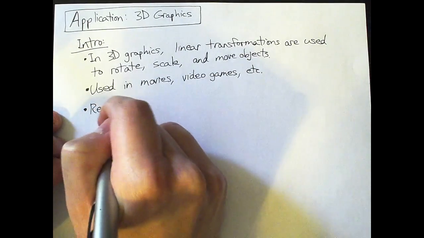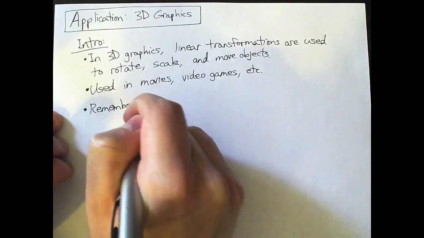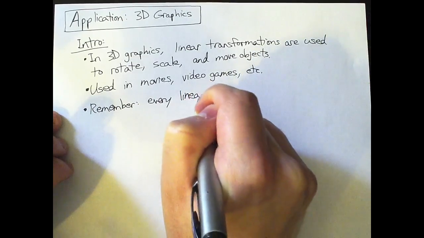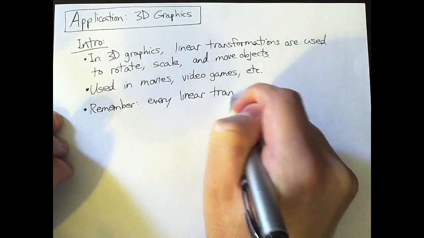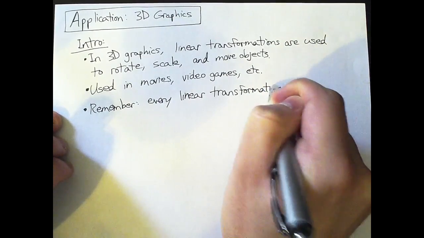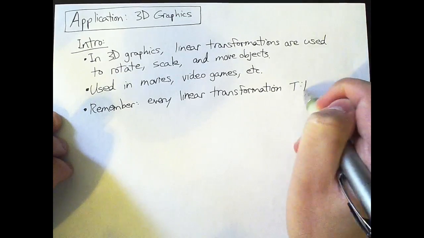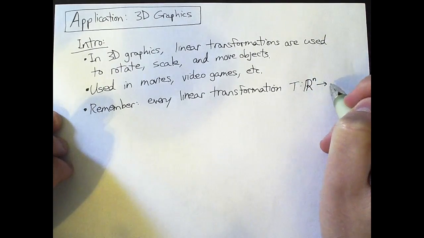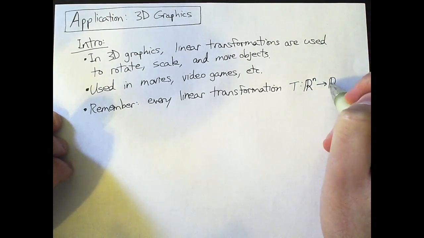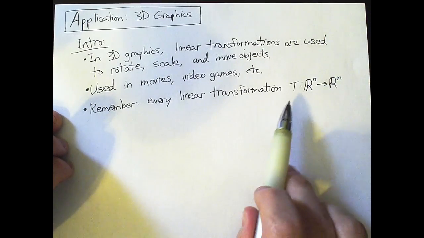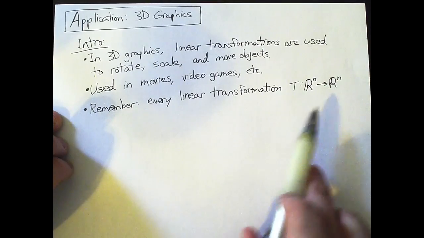Remember, every linear transformation, which we could call T from Rn to Rn. I guess we're going to be focused on this kind of square case where we're going from Rn to itself.